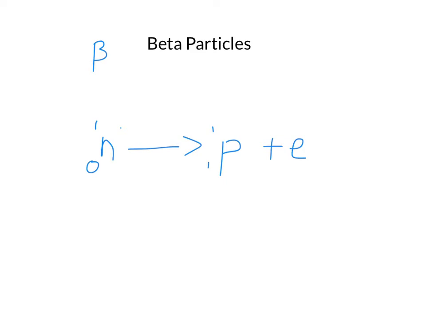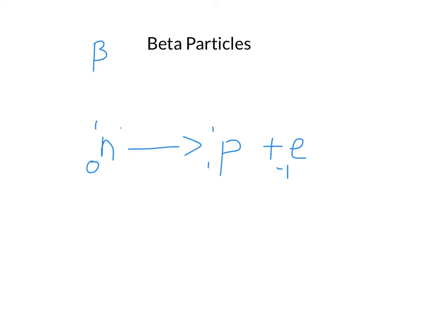So just in order to fill in what the atomic number and mass number of each of those particles is: a proton has a proton in it, so it's got an atomic number of 1. It's got 1 particle in it, so we say it's got a mass number of 1. An electron is interesting. It doesn't have any protons in it, but because it's got the opposite charge, we give it an atomic number of -1.